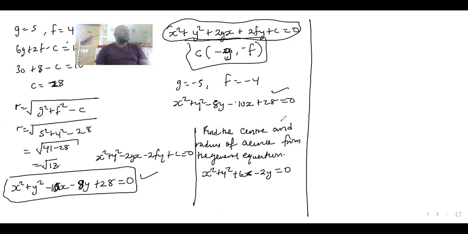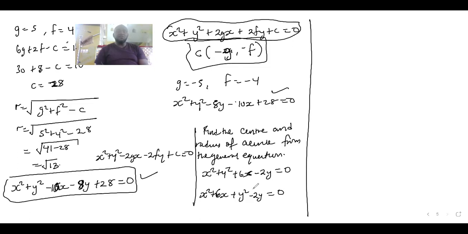Now, the first thing is to group the x terms together and the y terms together. So x squared plus 6x plus y squared minus 2y is equal to 0.